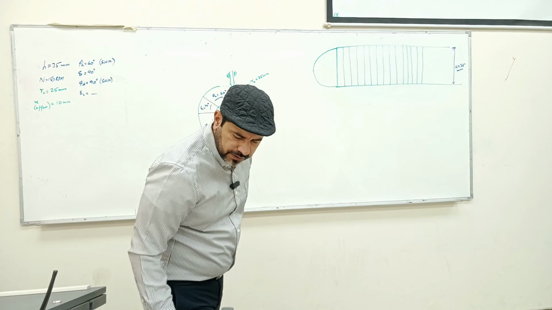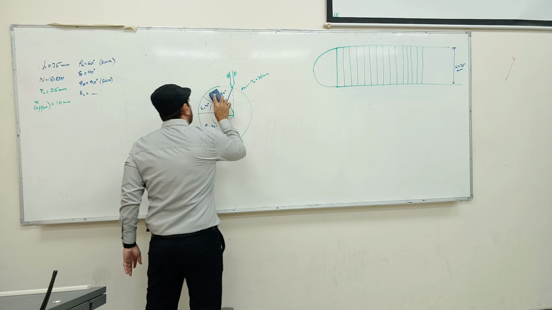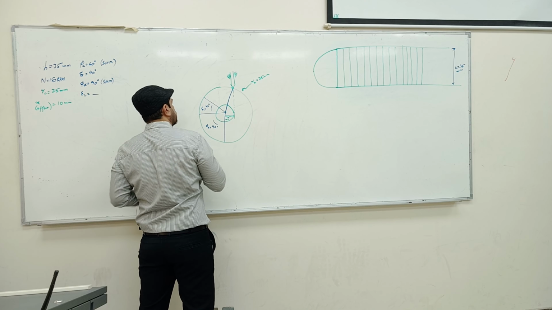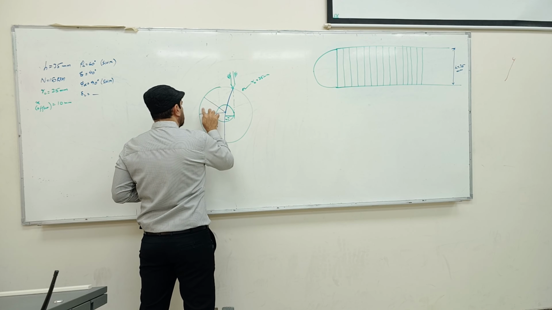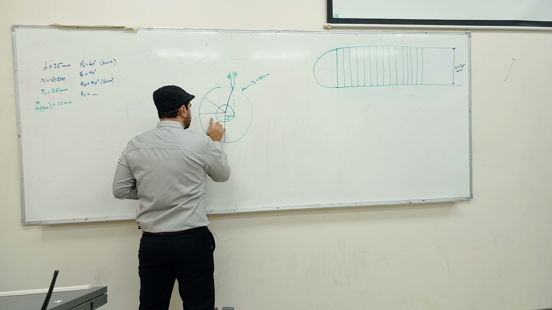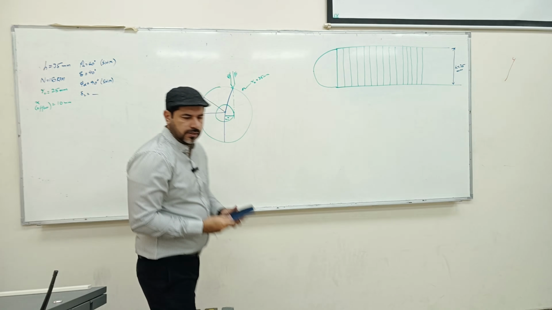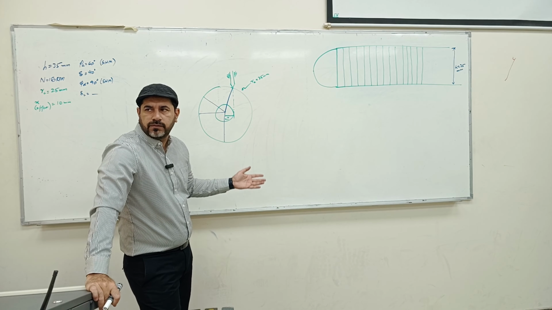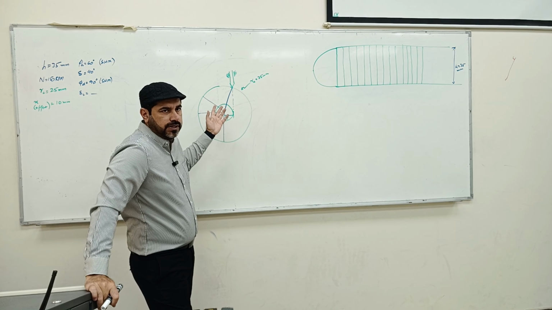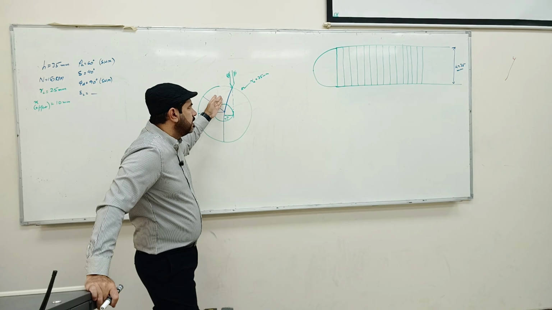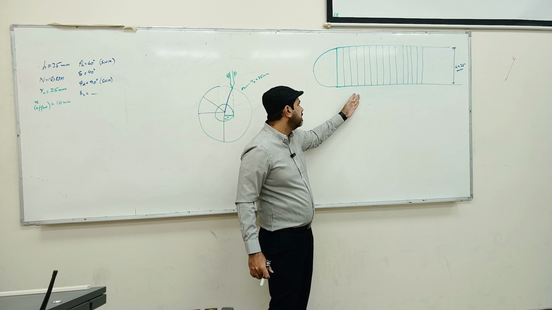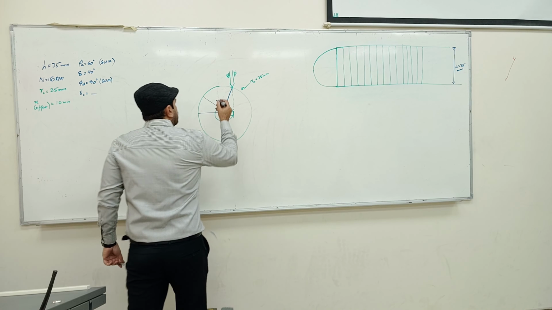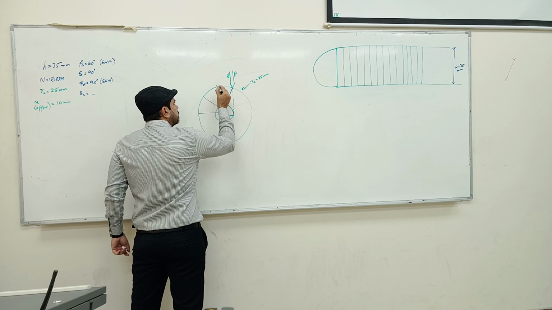Then the next thing is we need to decide how many divisions we want. Let's be consistent with the solution we have. We decided to have 6 divisions, 6 divisions here, 6 divisions here. Since it is simple harmonic motion, divide it into 6.